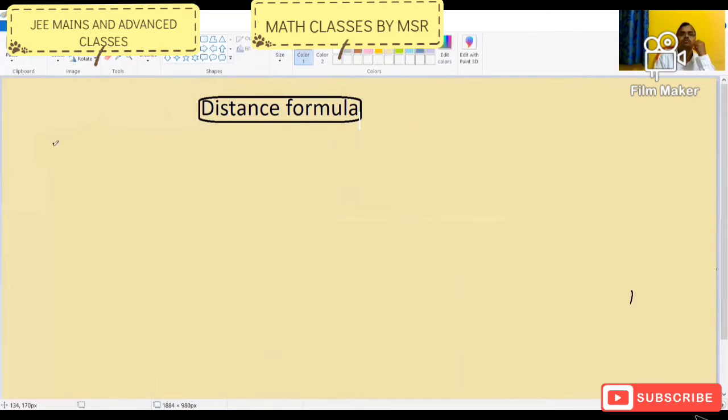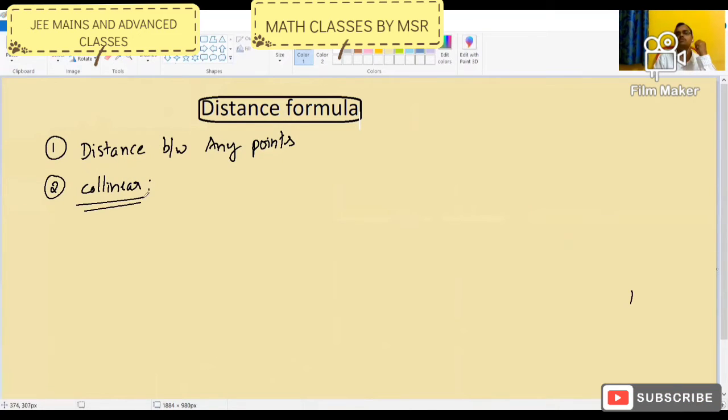The first and foremost application, which we just discussed, is to find the distance between any two points. The second application is collinearity.